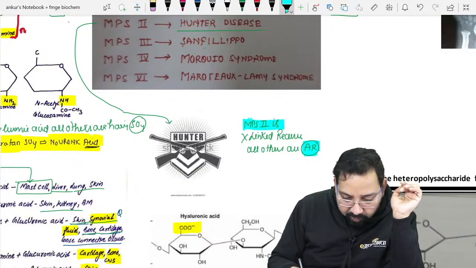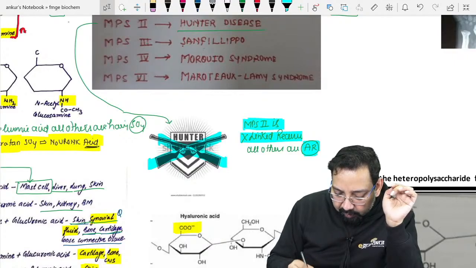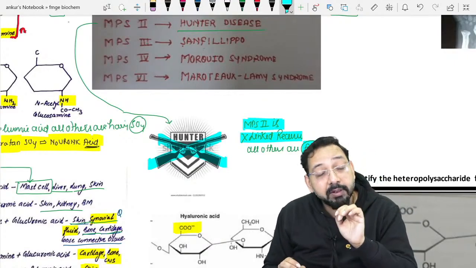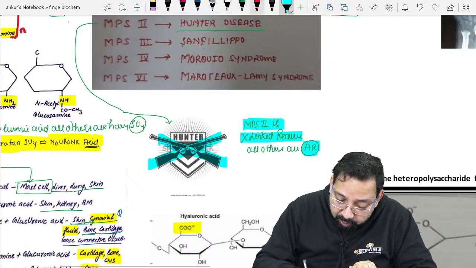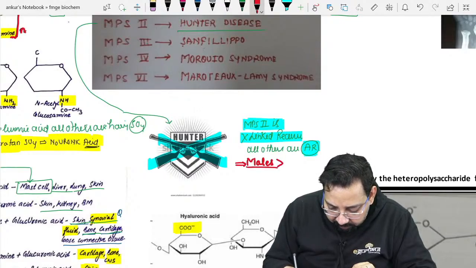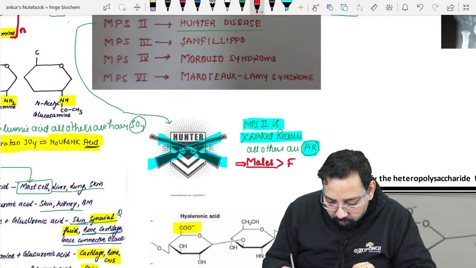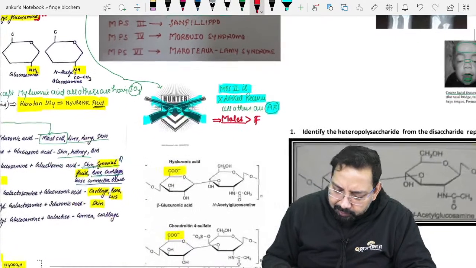MPS type 2 is X-linked. So X hunters: if you are going for hunting, mostly hunters are male. It is more common in males than females, you all know. Yes, there may be one or two female bandits, but the rest are all male hunters.